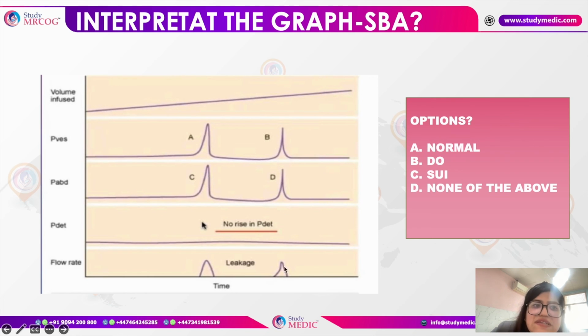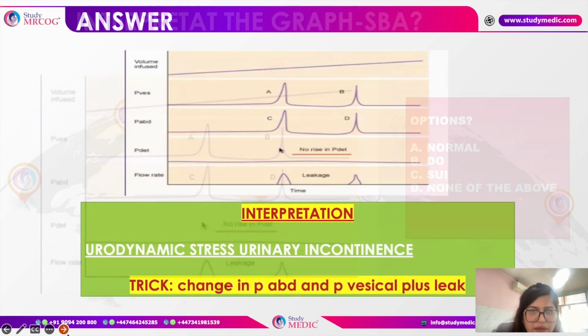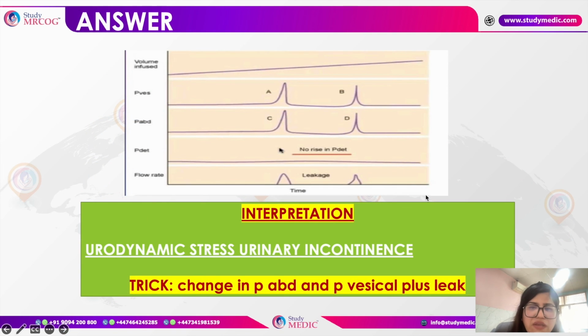Okay, so probably the patient is coughing here, which is causing rise in the P vesical and P abdominal and causing leak, and this condition is called urodynamic stress incontinence, or SUI. You can simply remember it with a trick: here the P abdominal and P vesical are changing and there is a leak, and there is no change in the P detrusor pressure.